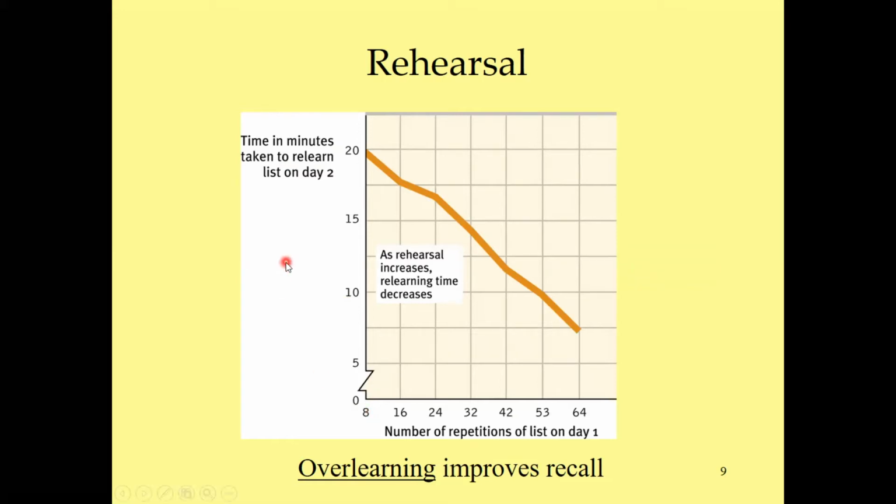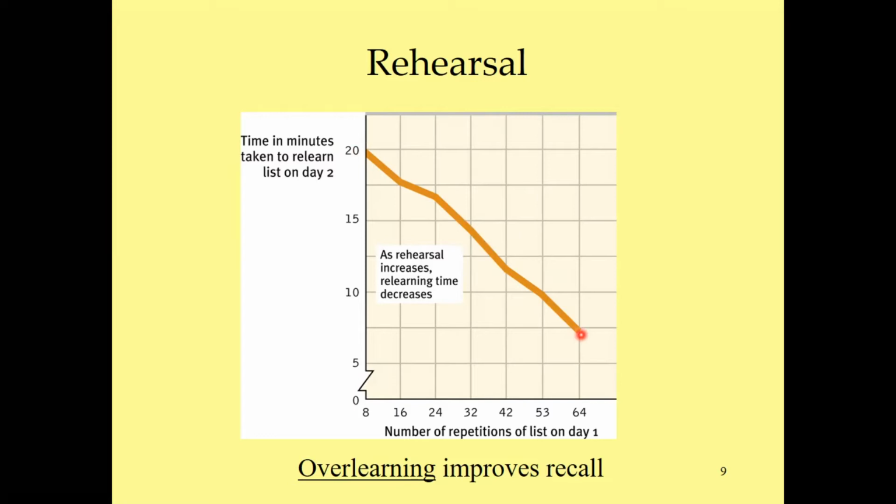What do we learn from that? As you can see in the chart, the more times he repeated his list on day one, the less time it took him to relearn the list to where he could again say it perfectly without looking. So increasing rehearsal also increases the amount of information that is retained.